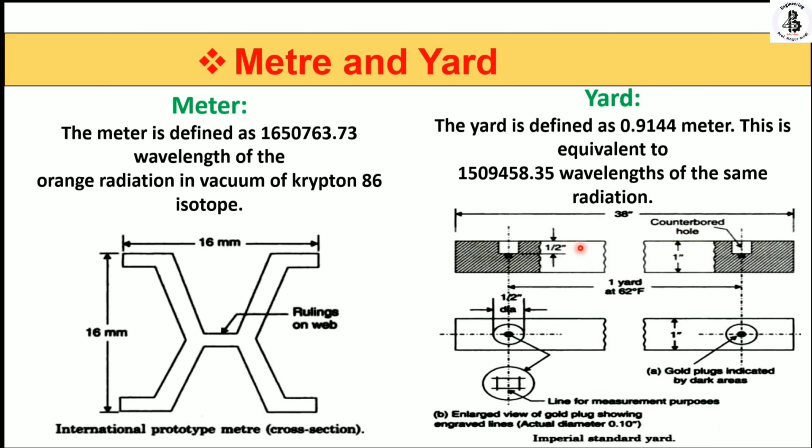In the case of the yard, you can see this was an empirical yard standard, which is made of bronze. Bronze is a copper and tin alloy, and composition-wise it is made with 82% copper and 13% tin, and around 5% zinc, which is also added to the chemical composition of the yard standard.